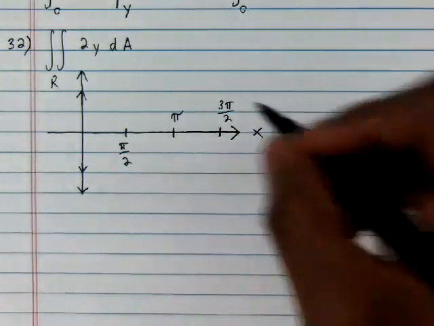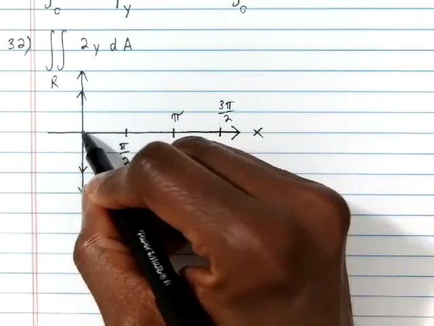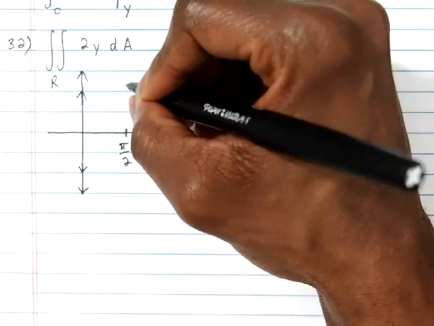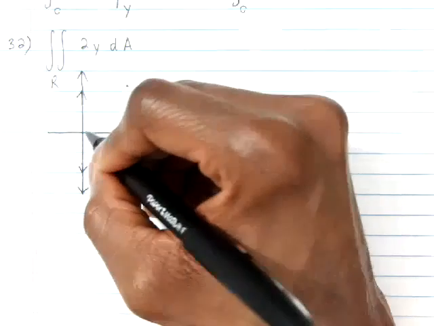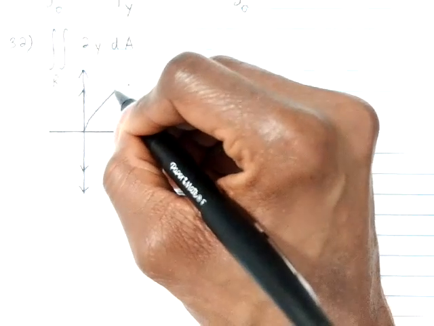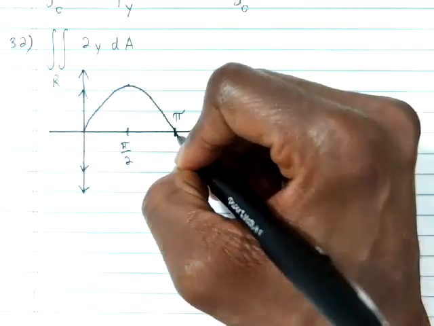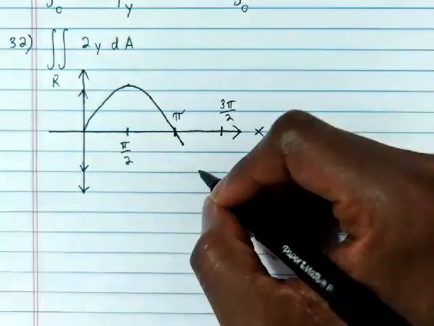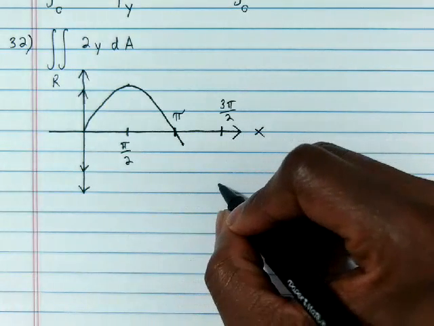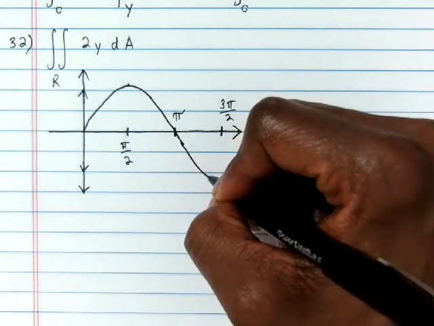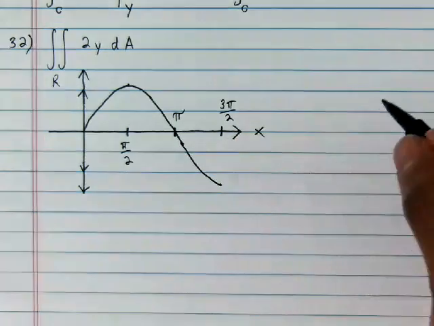All right, so sine now is, we'll make one like right here. So then our region over which we're integrating, put this about here. So that's the region over which we're integrating right there.